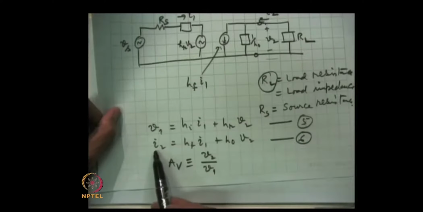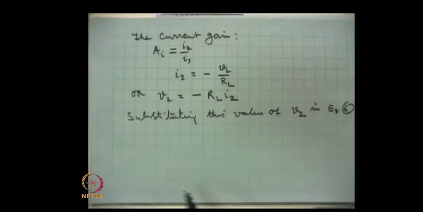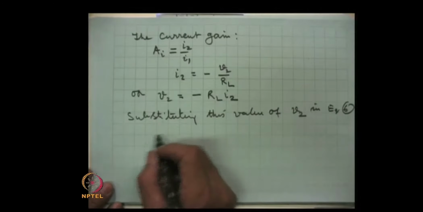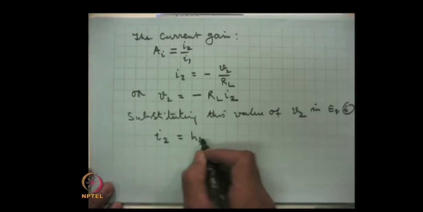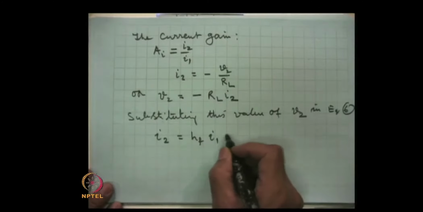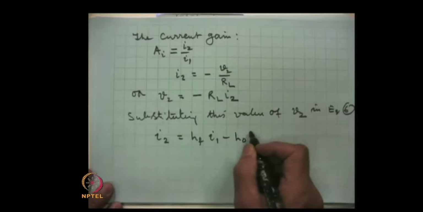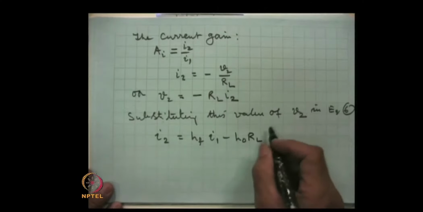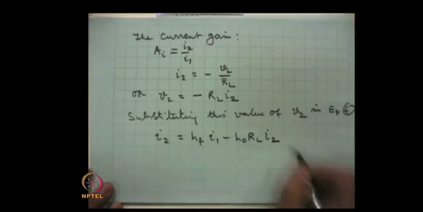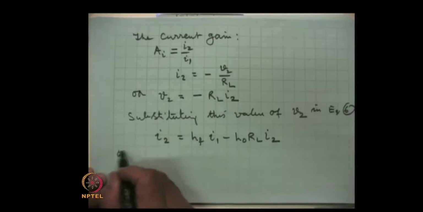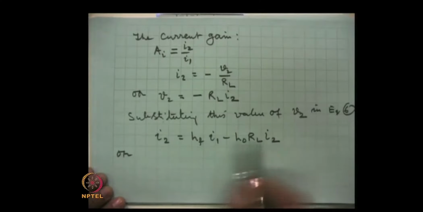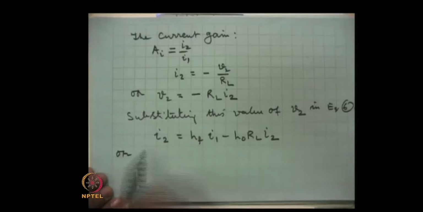So, when we substitute for this V2 this value, what equation results is this: I2 is equal to H f I1 minus H O R L I2, and from here we take this term on this side.